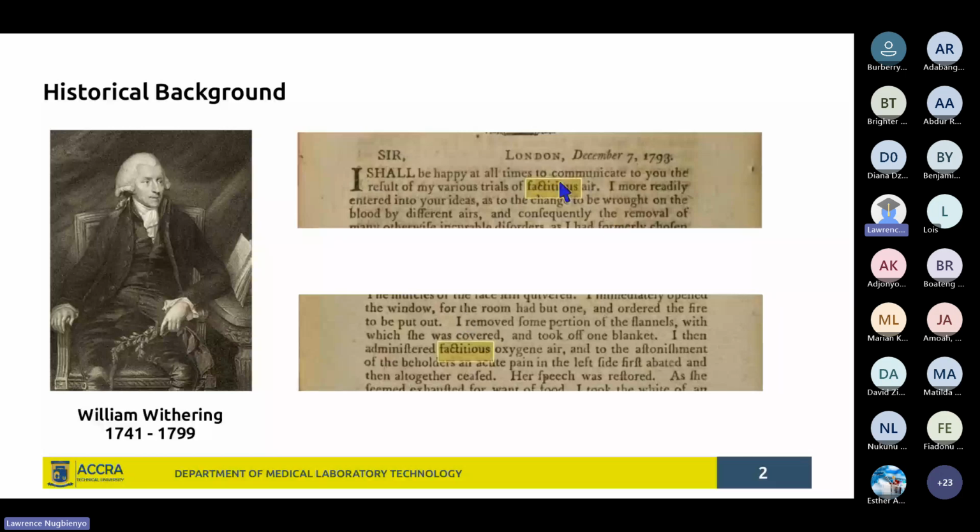I mean, some archives have shown that persons like William Withering wrote letters. So William Withering was an English physician, a chemist, botanist.